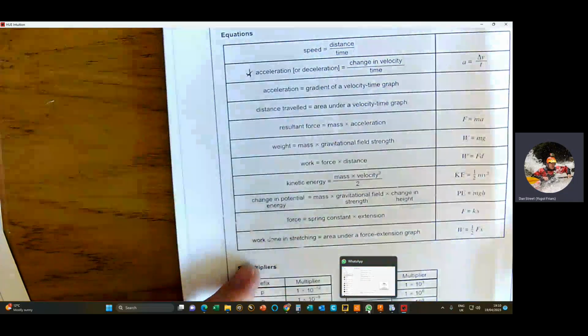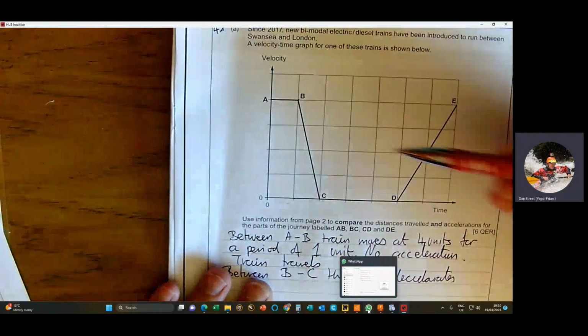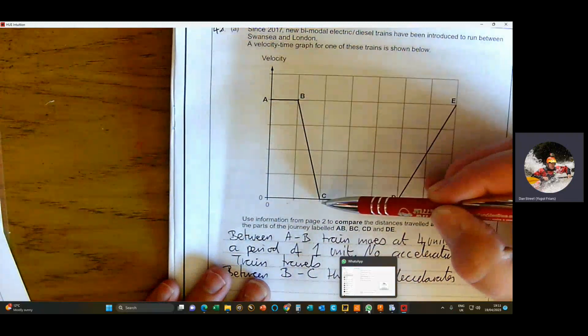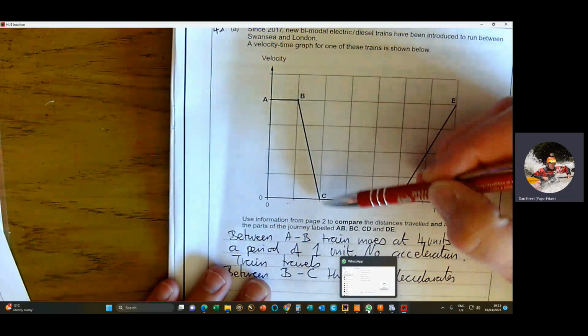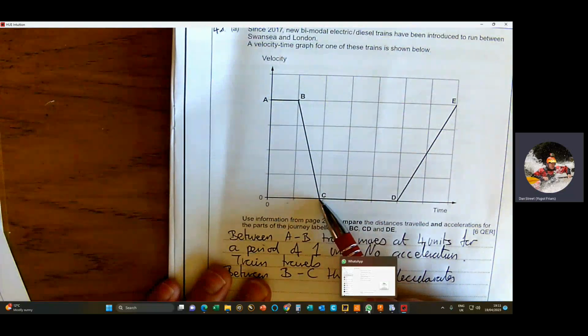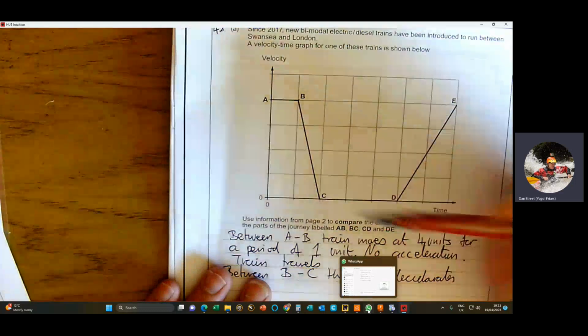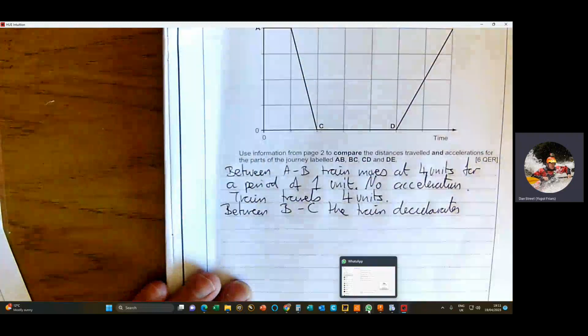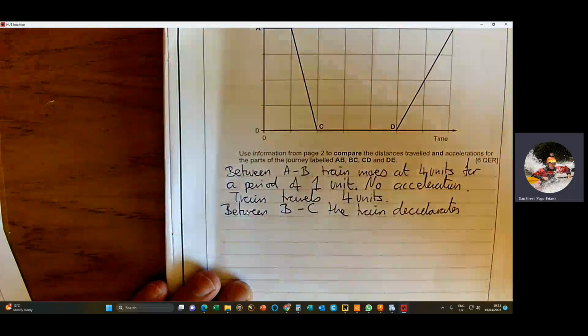So what do I mean by that? Well, the change in velocity starts off at 4 units and it goes down to 0 units. So it's changed by 4 units and the time is 1 unit. So 4 divided by 1 is 4. However, because it's a deceleration, it's a good idea to put that in as a minus.